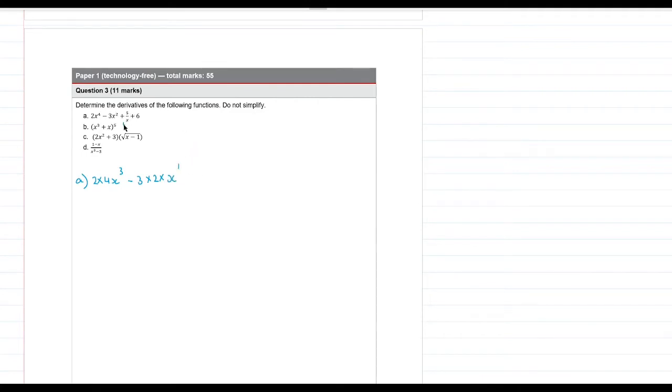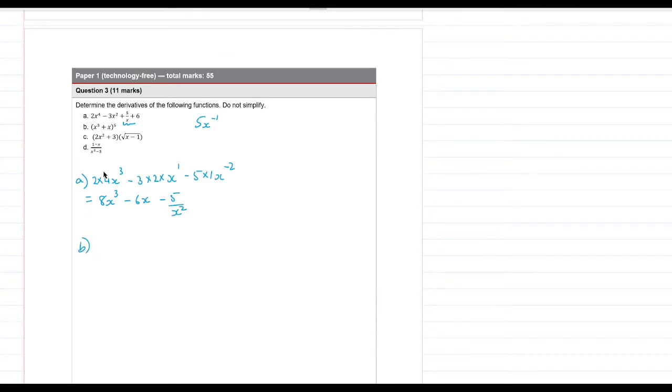Now, this is the same as having 5x to the minus 1. So we can derive that to become minus 5 times 1, x to the negative 2, and the constant disappears, which is the same as 8x cubed minus 6x minus 5 over x squared.